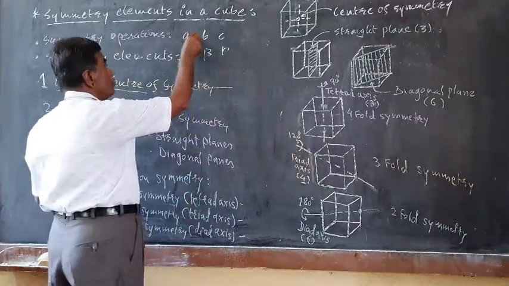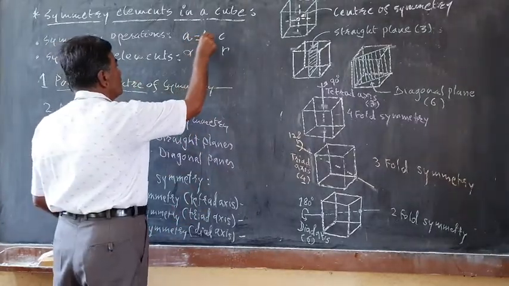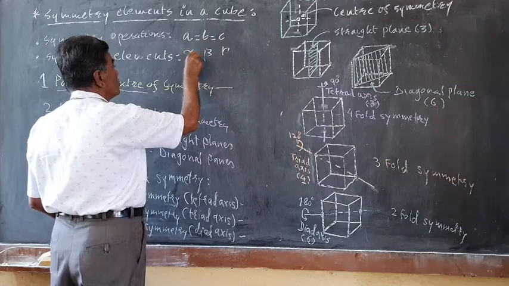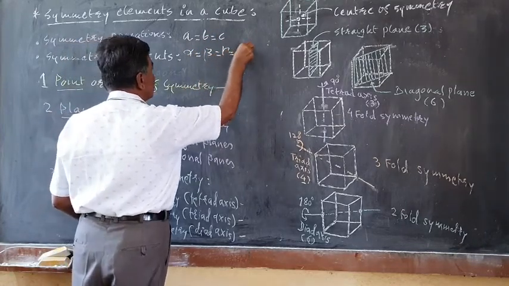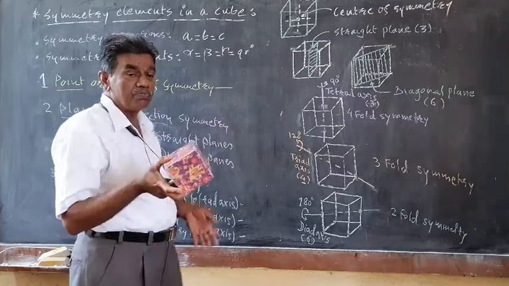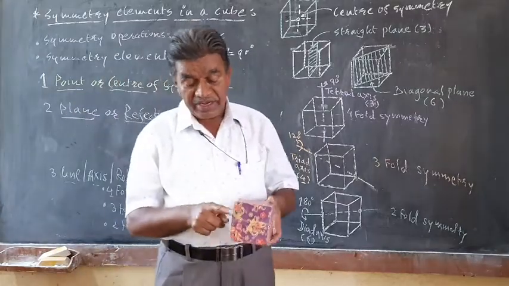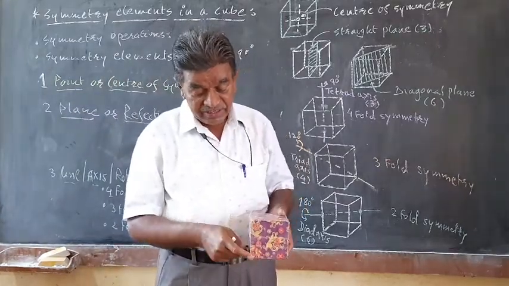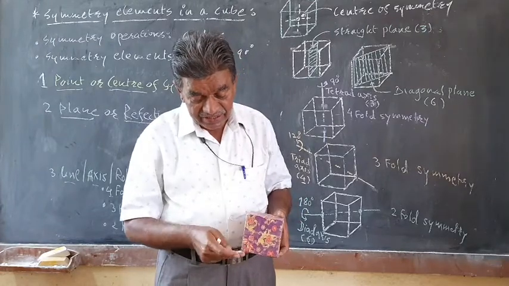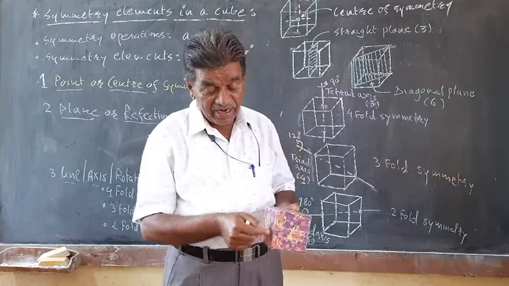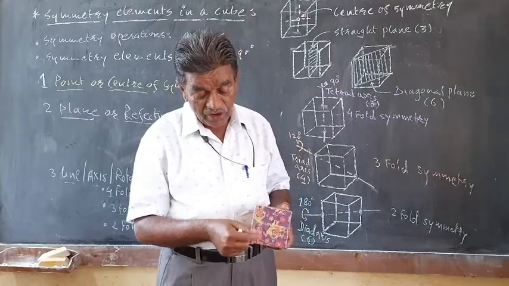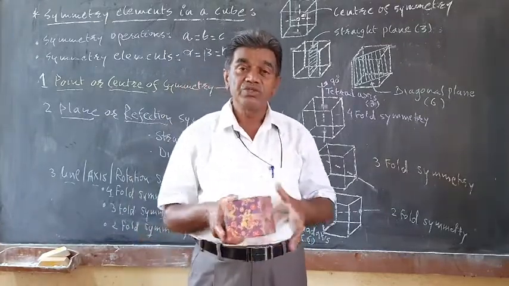In the case of the cube, a equals b equals c, and alpha equals beta equals gamma equals 90 degrees. So this is the cube. This is the z axis, that is c, this is b, and this is a. All are equal, and all the angles are 90 degrees.